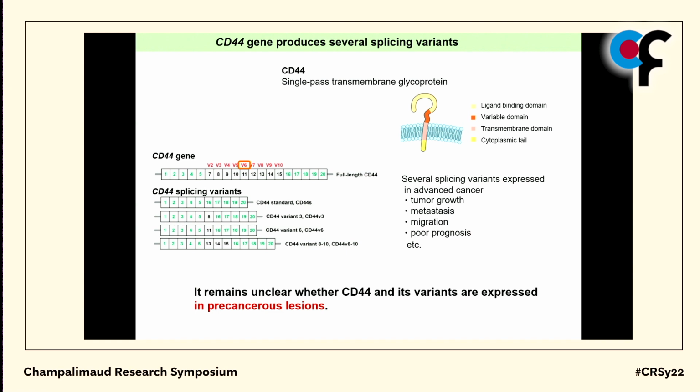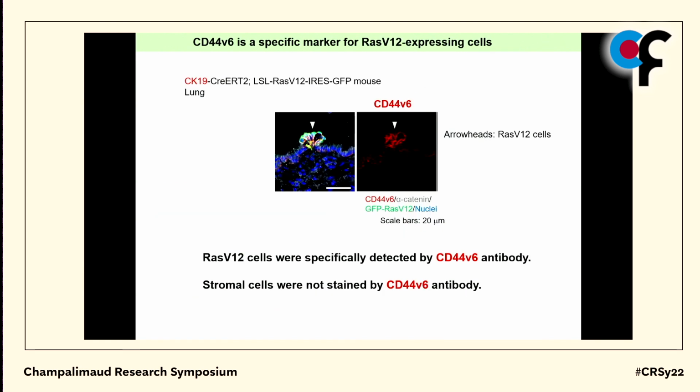So we examined the expression of CD44 and its variants in the lung by immunocytochemistry, using this mouse model system. We found that RasV12 cells within the lung epithelium were specifically detected by the CD44v6 antibody.